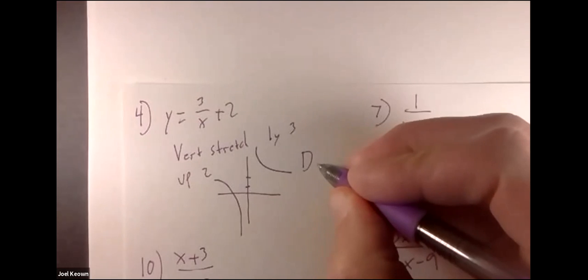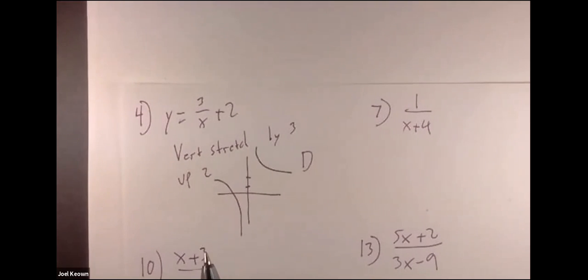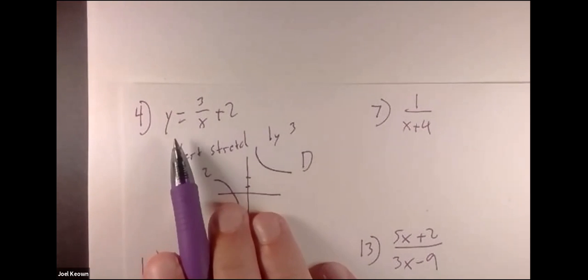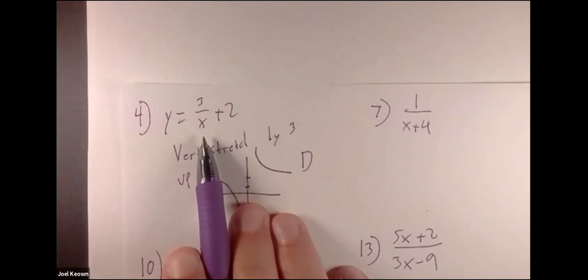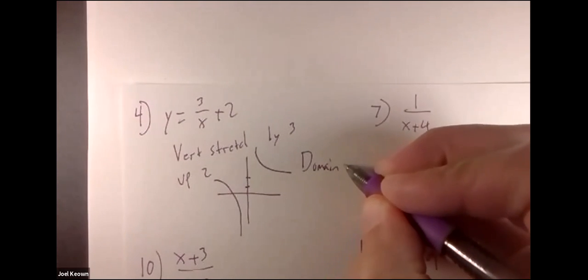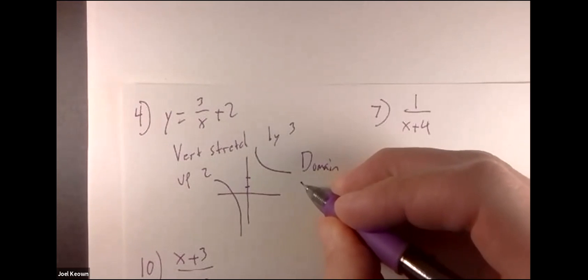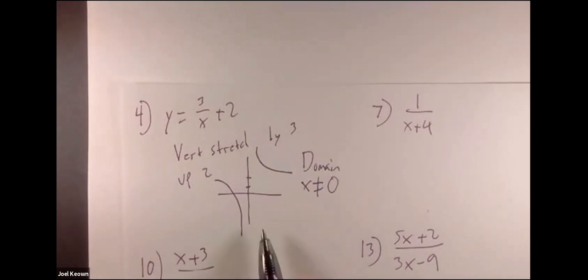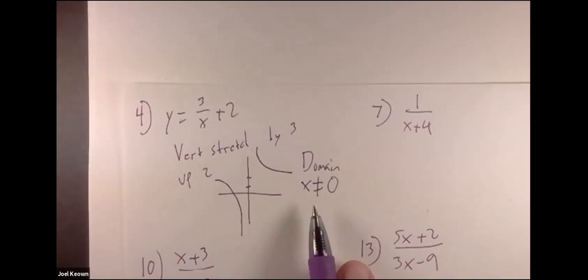Well, my domain is going to be whatever I move, whichever direction I move, left or right. Well, I didn't move left or right at all, so my domain is x not equal to 0. Okay, vertical asymptote, x not equal to 0.